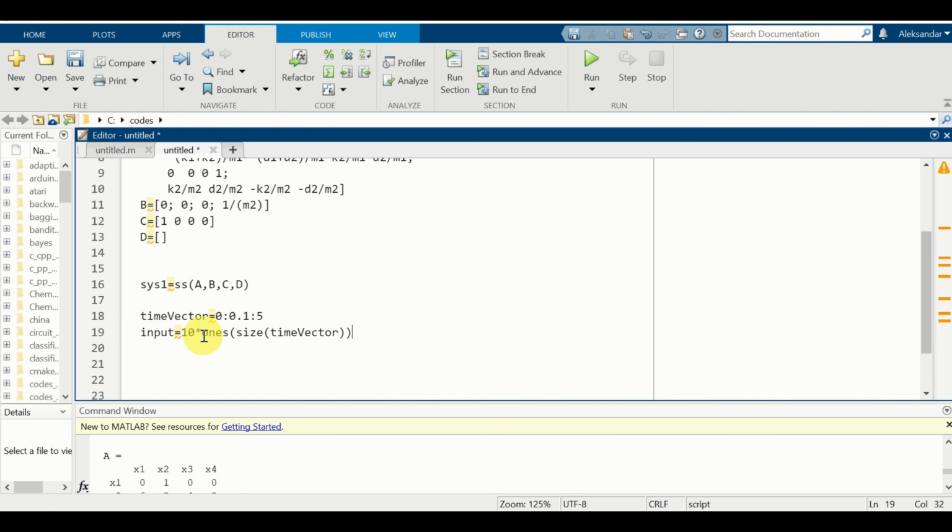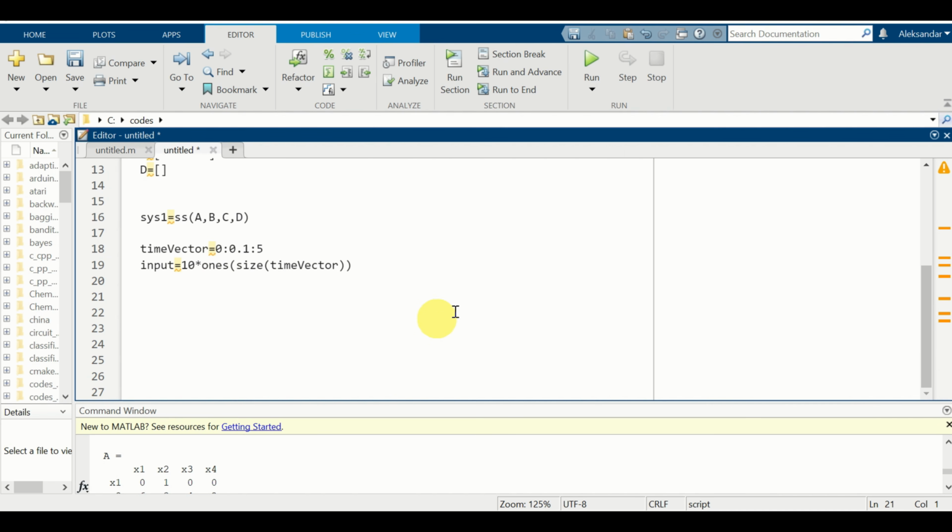So what I'm doing over here, I'm defining the input that's equal to 10, and 10 is constant. Consequently, I will compute the step response of the system. That is, I will simulate the system when the force of 10 newtons is applied for 5 seconds. Next, I need to select initial state for simulation.